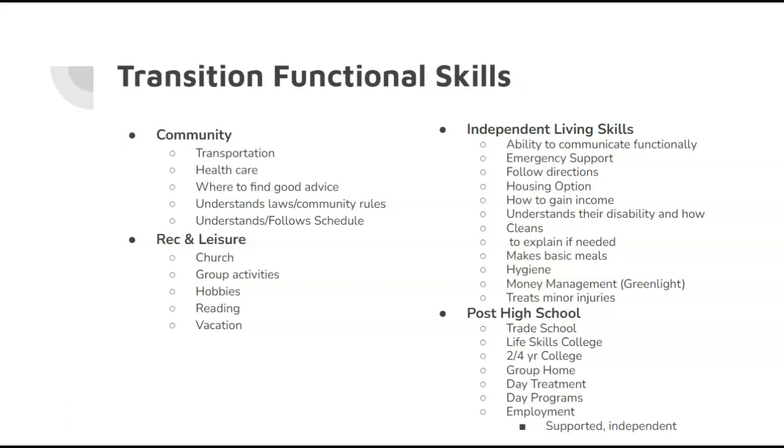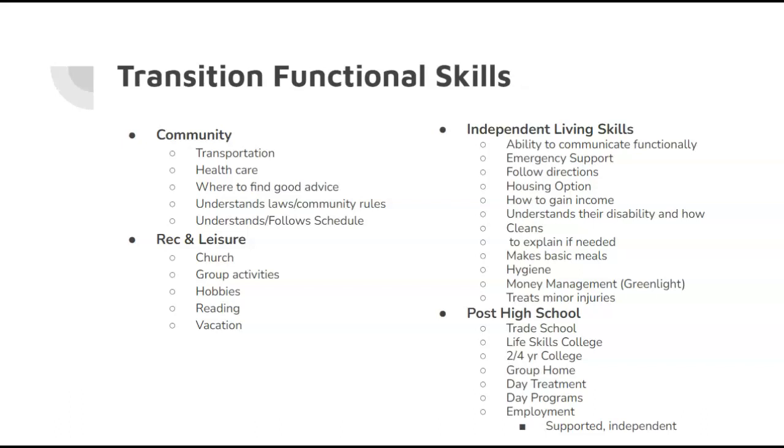Can they make basic meals? Hygiene, money management, I already talked about green light. And do they know how to treat minor injuries? After they graduate, do they know, or do you know what kind of post-secondary options are there for your child? There's everything from trade schools, life skill colleges, that continues to work on independent living skills.